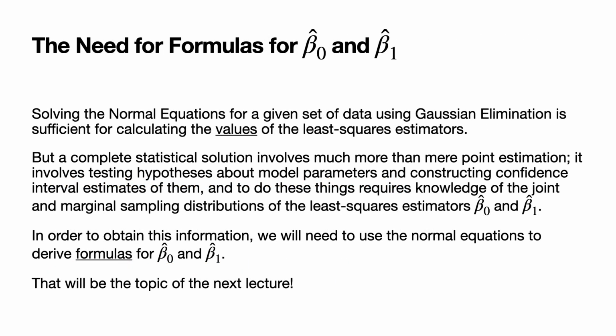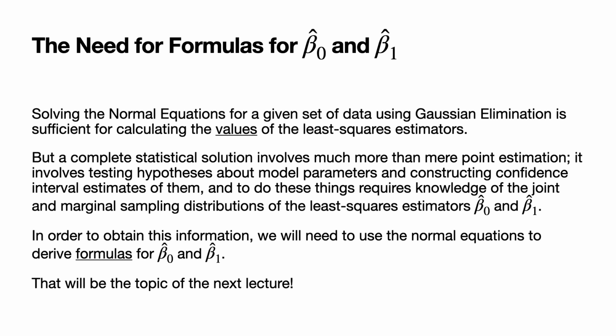Solving the normal equations for a given set of data using Gaussian elimination is sufficient for calculating the values of the least squares estimators. But a complete statistical solution involves much more than mere point estimation. It involves testing hypotheses about model parameters and constructing confidence interval estimates of them.